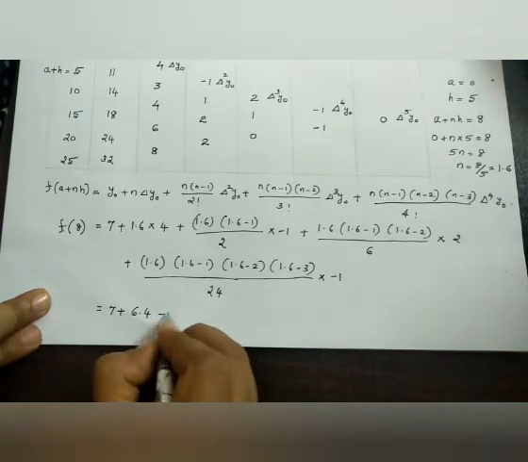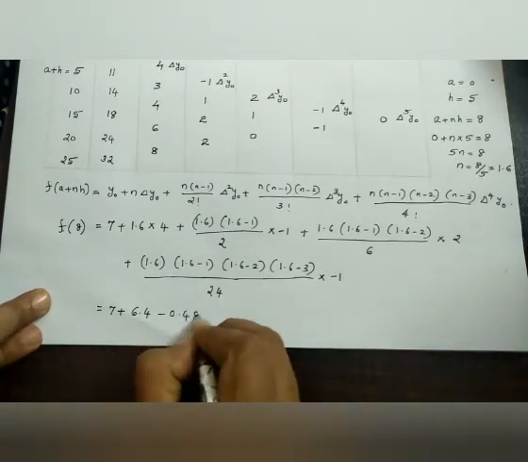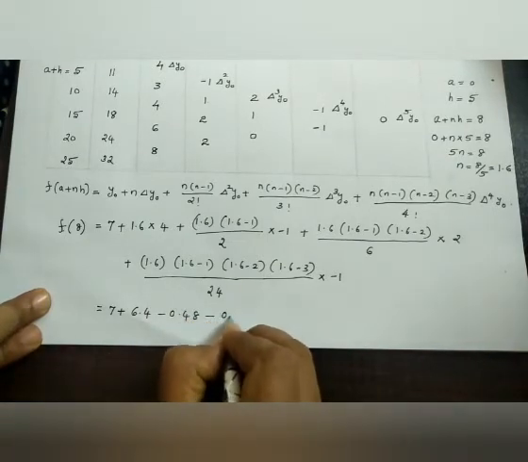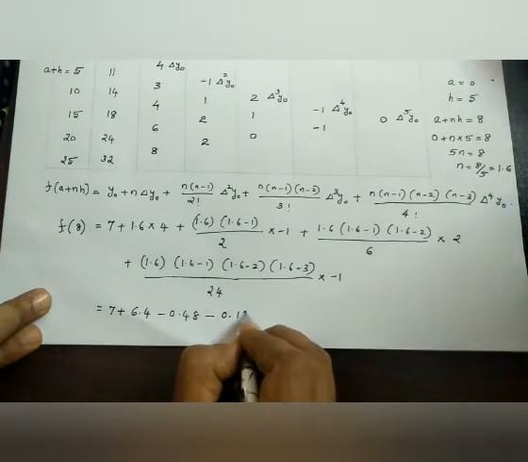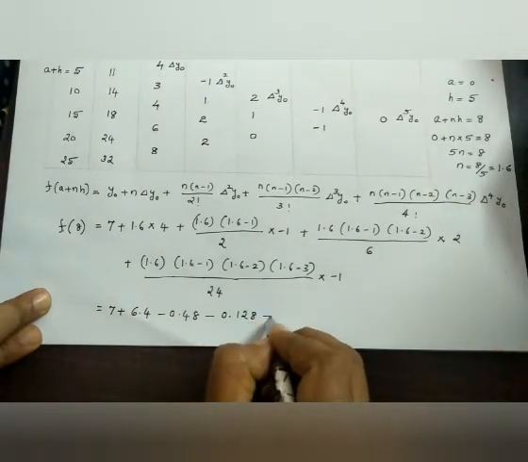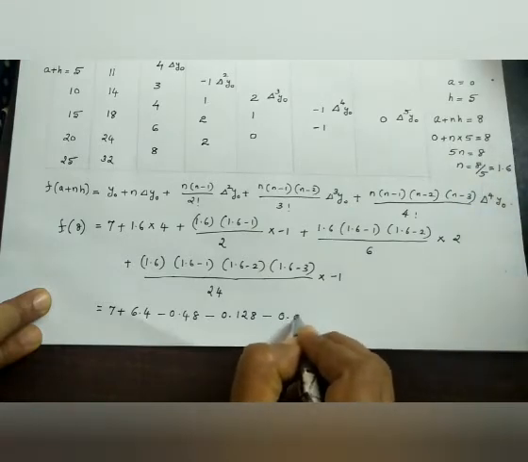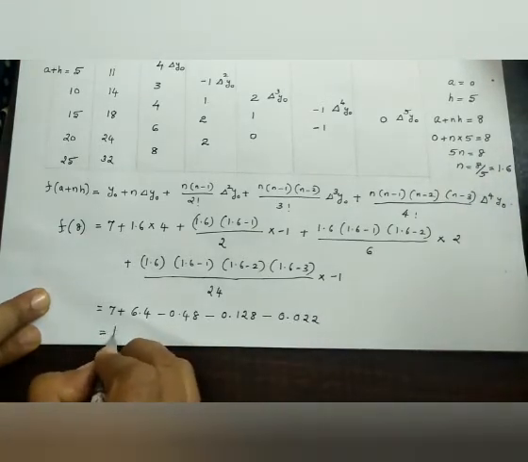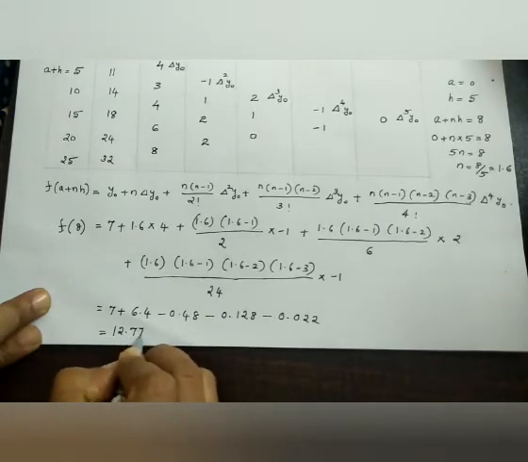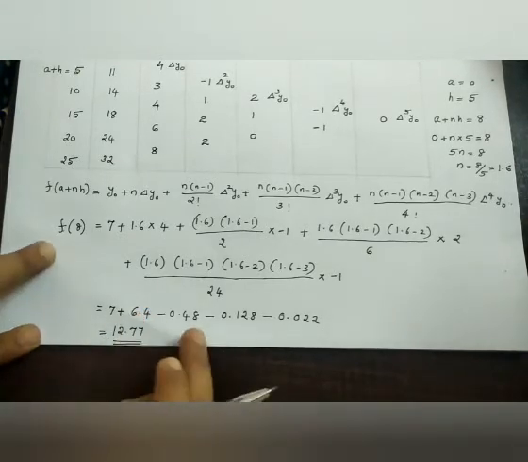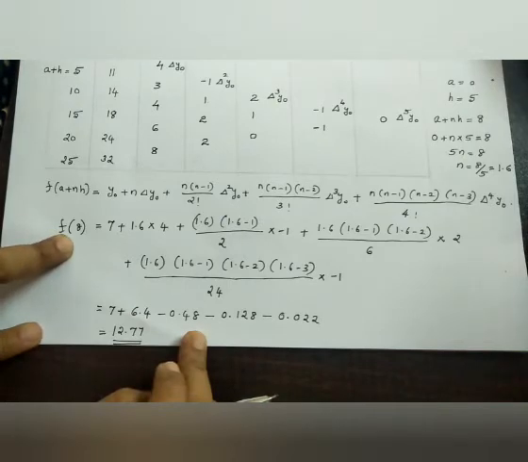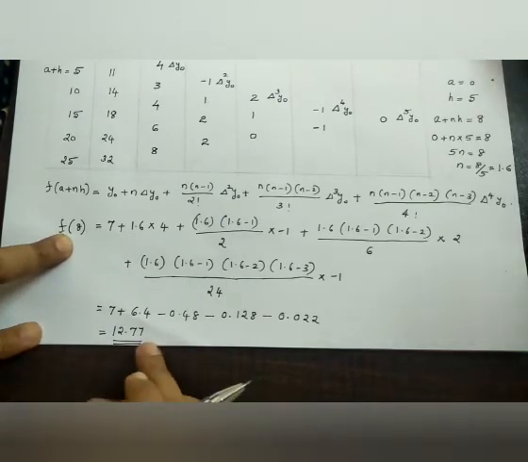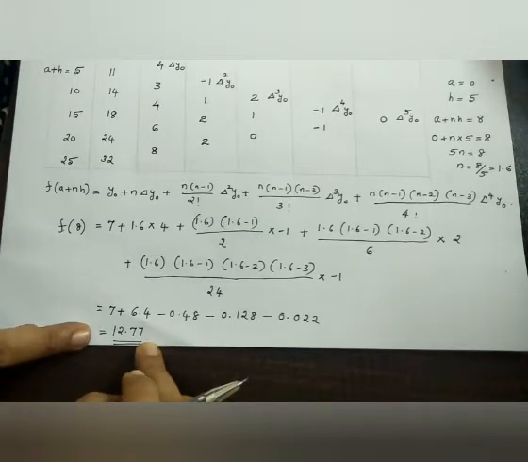Third term can be 0.48, minus 0.128, minus 0.022. The final answer is 12.77. Therefore, the value of f of 8 by using Newton's forward interpolation formula is 12.77.